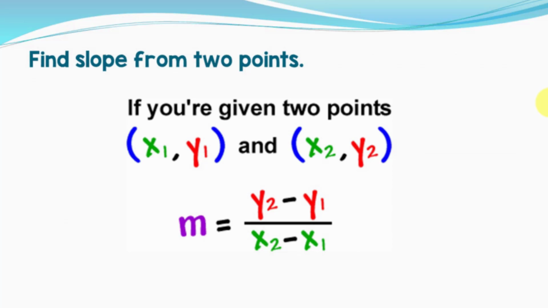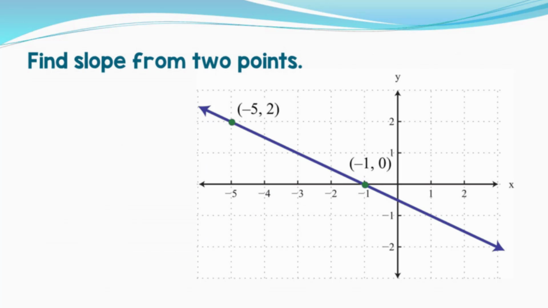Okay, and to start with, we have finding the slope from 2 points. So if we have 2 points on a graph, then we are just going to take the difference of the y's, the difference of the x's, y minus y over x minus x, and we will calculate the slope in that way. So here's an example. We've got 2 points on this graph, negative 5, 2 and negative 1, 0.